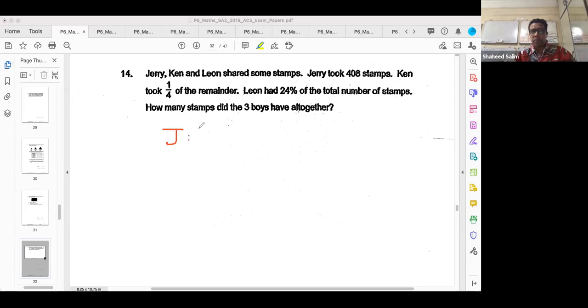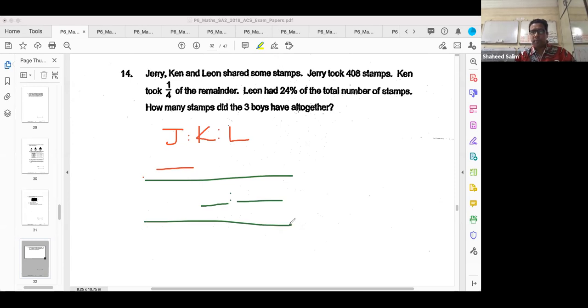You don't need to refer to what I'm doing. For those who need help, I just do like that. You fill in here. Then you fill in this one here. This one you fill in percentage.